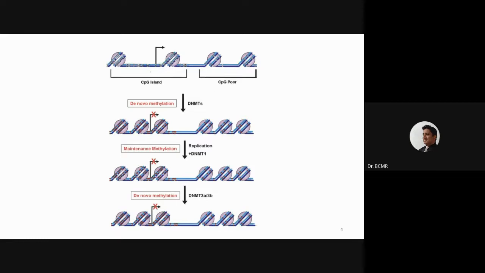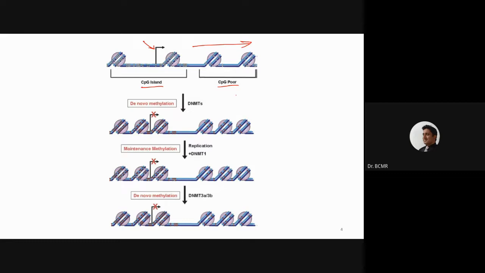This is a gene. Say, for example, this is where the gene is present, the open reading frame, which is usually CpG poor, in the sense it doesn't have many CpGs. The regulatory regions, like the promoter, usually have a lot of CpG islands, or large concentrations of CG.